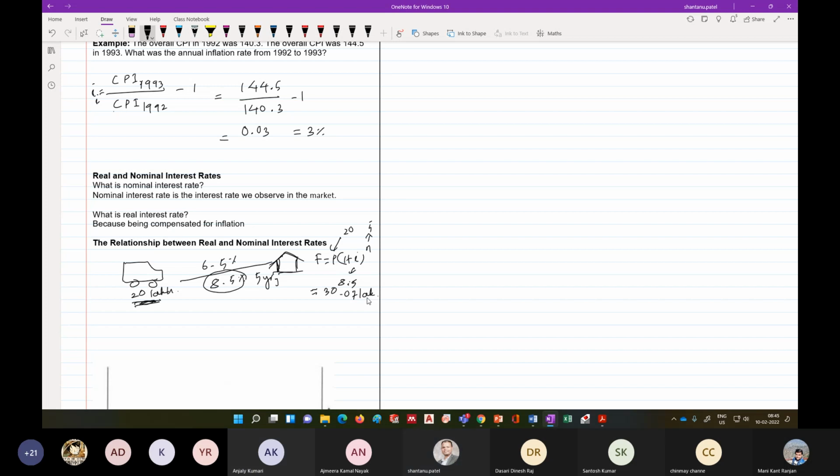Right? And let's say there is some inflation. Let's say the present inflation rate is 5.1%. With the inflation rate of 5.1%, if you want to purchase the same car after 5 years, can you calculate how much you need to spend?